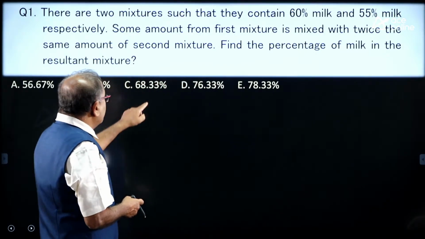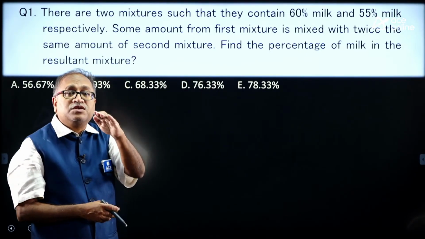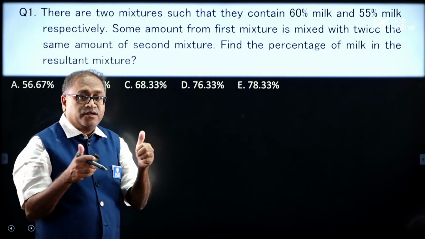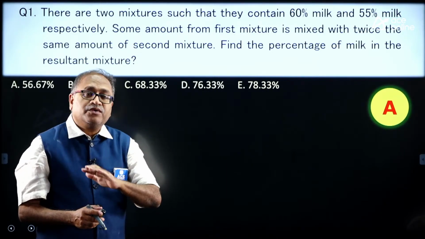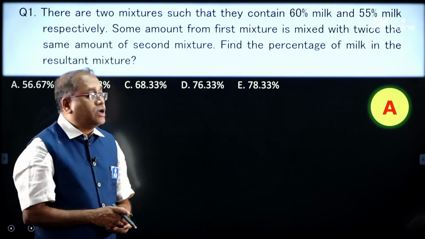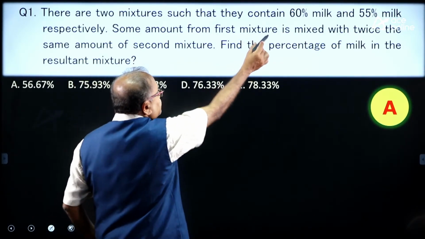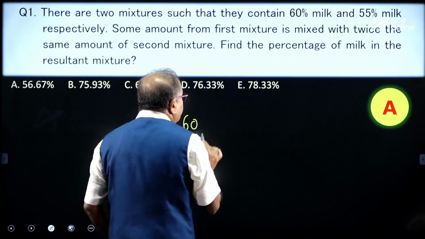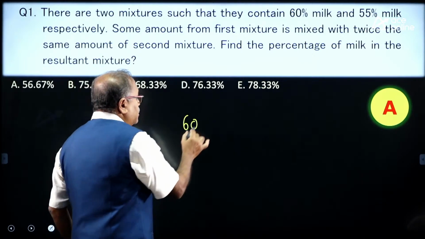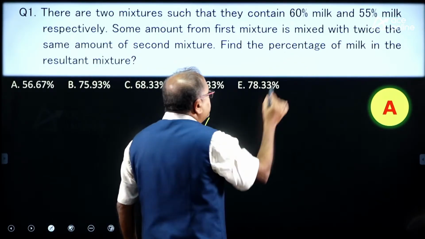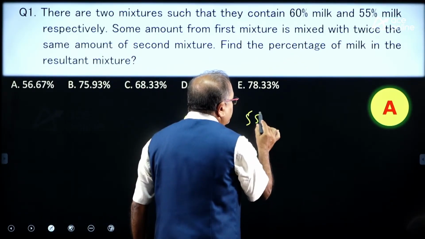Let me check whether option D, that is 76.33%, is correct or not. Do not worry, look at this, the best way to answer the question here. In the first one we have 60% milk, right my dear friends. In the second one we have 55% milk.